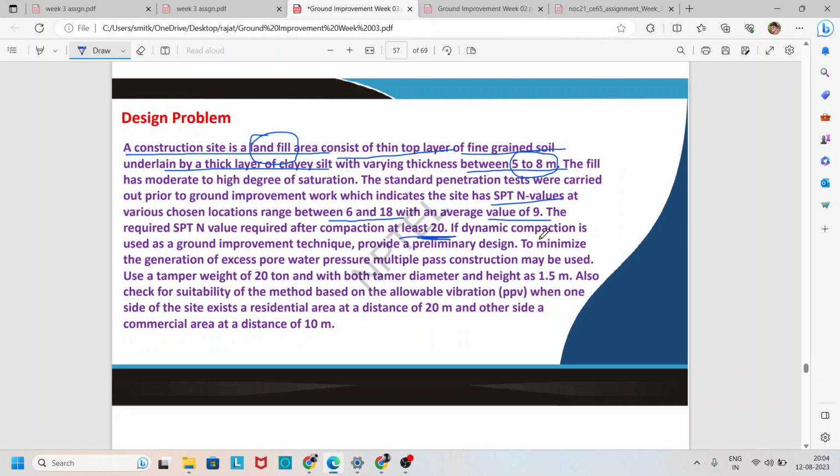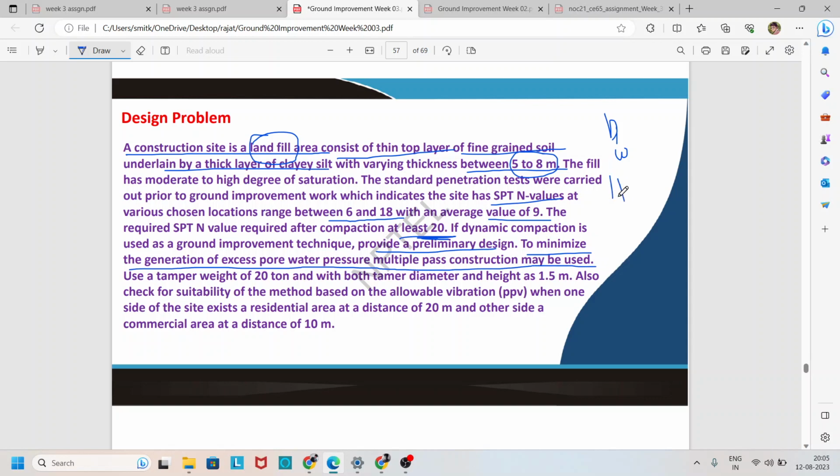If dynamic compaction is used as the ground improvement technique, we provide a preliminary design. That means what is the depth of improvement, what is the energy applied, what is the height of the drop, what is the depth of crater, like that we find out. To minimize the generation of excess pore pressure, multiple passes may be used.